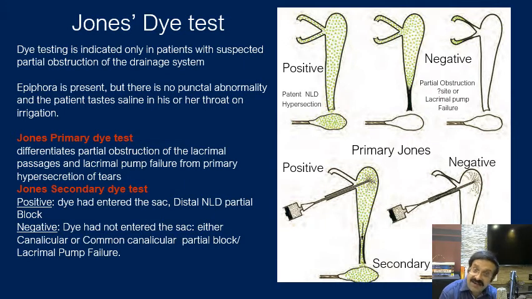So the dye had entered the sac, but the distal NLD has a partial block, as a result of which it was not able to drain. In case of negative, the dye had never entered the sac, which means that there might have been obstruction before the common canaliculus, or the pump was not working, so no dye entered.